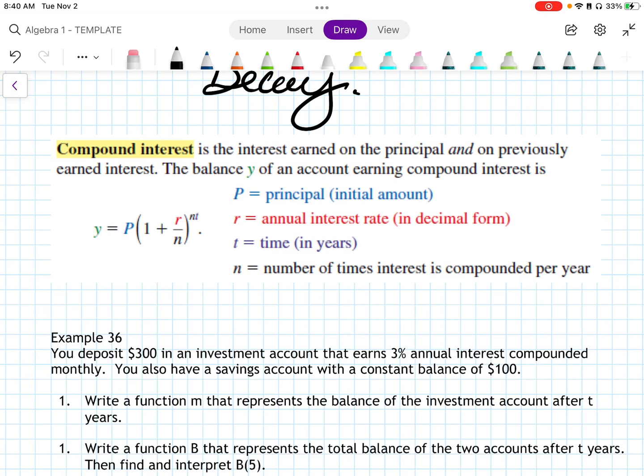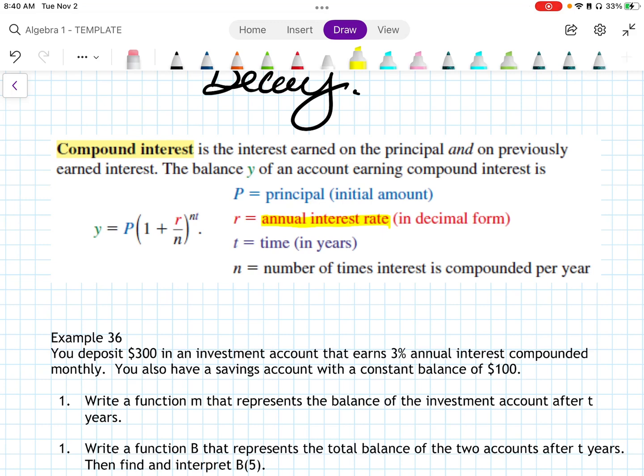P is the principal amount, however much you deposit into the savings account or whatever it is. And then in parentheses, we have 1 plus r over n. A lot of times things are listed as an annual interest rate, right? If you have a savings account, you probably see an annual interest rate on that. They take the annual interest rate divided by the number of times interest is compounded, right?